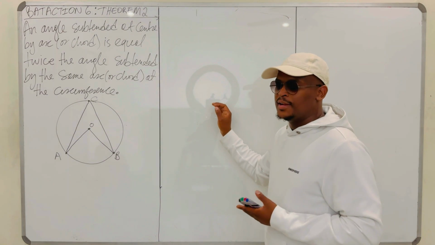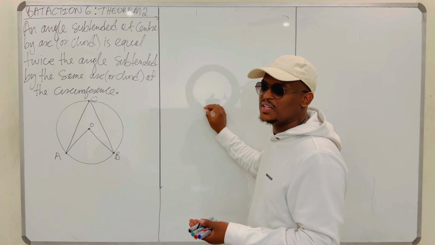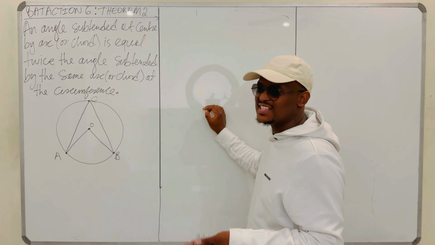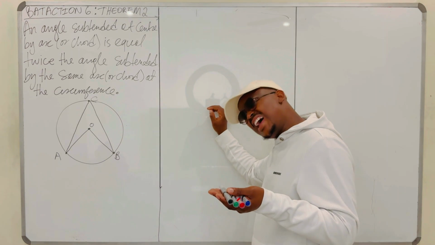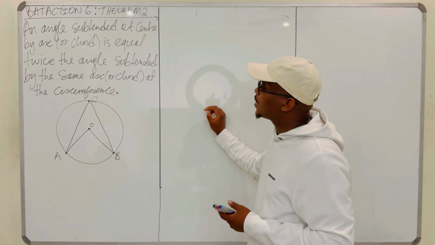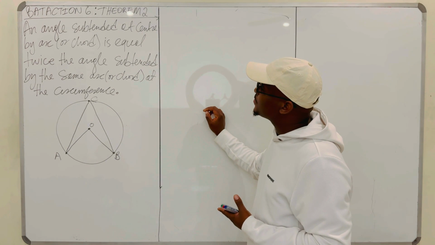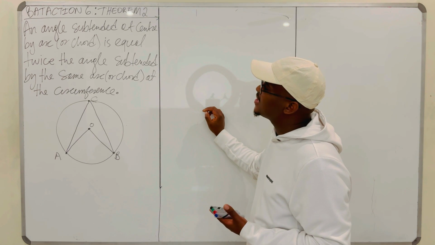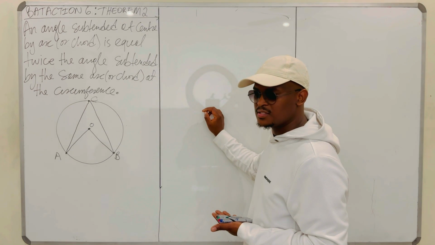As promised, we're going to prove this theorem for 3 different cases. The first case and the second case are exactly the same. You will see why. Then the third case is slightly different. Are you guys with me? Okay. So theorem 2 states that an angle subtended at the center by an arc or chord is equal to twice the angle subtended by the same arc or chord at the circumference.